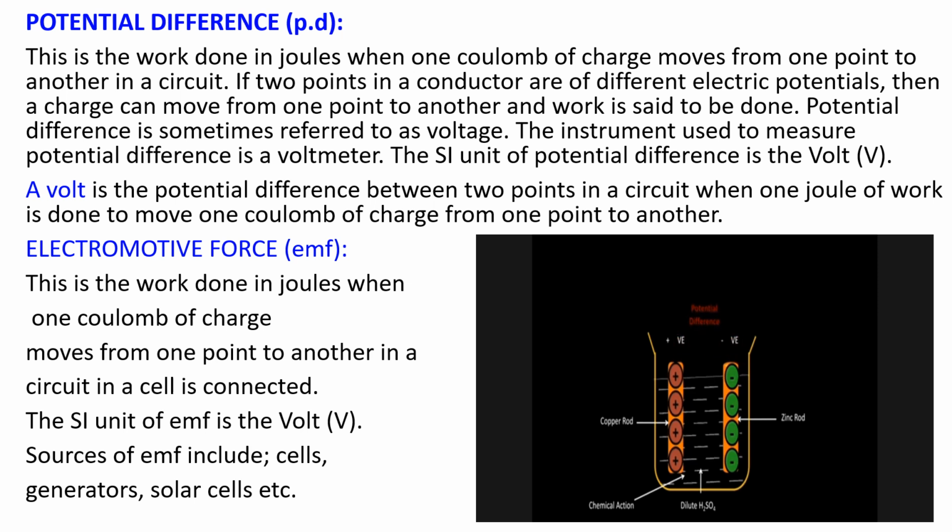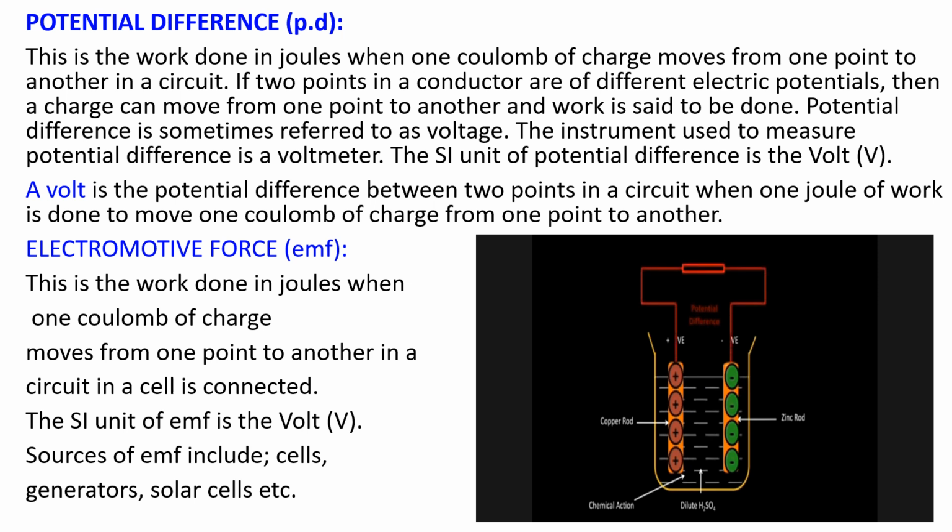Because of the dilute sulfuric acid, these charges do not combine and neutralize. So they maintain that potential difference, because of the variation in the electric potentials at each end.